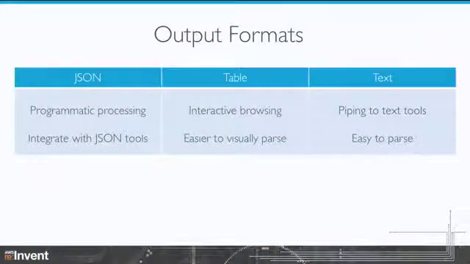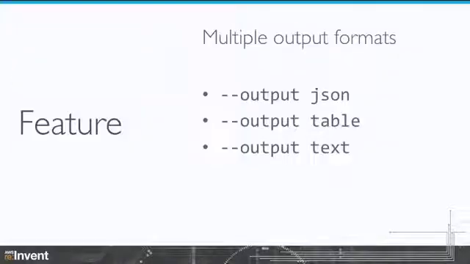This is similar to the existing CLIs, if you're familiar with that output. This is useful if you want to pipe to other text tools like sed, grep, or awk. The way you configure this is, first of all, the output configuration value we saw a few slides ago. But also, when you're running a command, you can use the --output option and give any of these output formats.